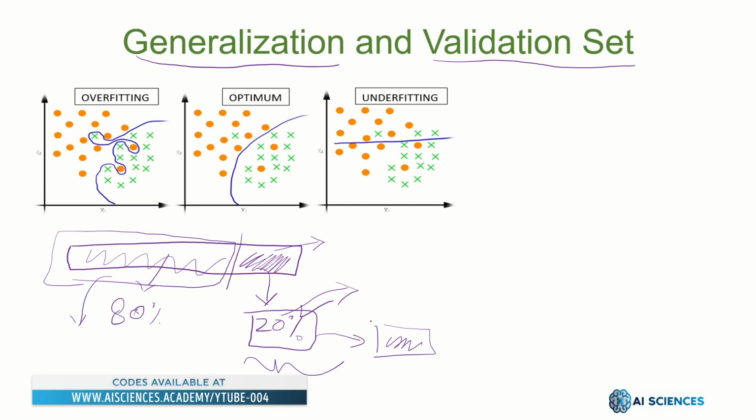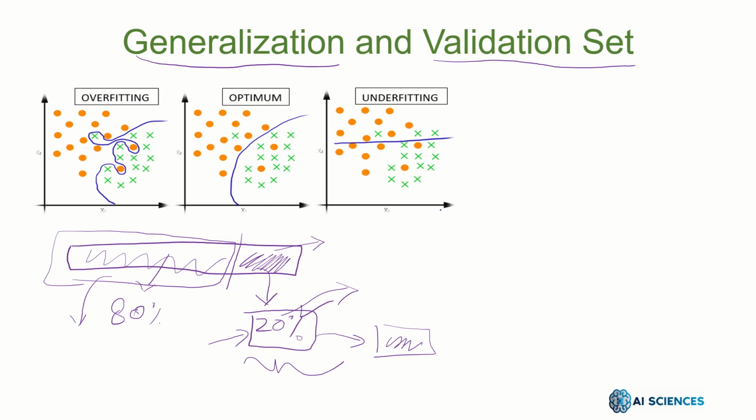To get a good expected value for the generalization, the validation set, or the set you are going to perform on, should be larger in size. But then you will have a small training set, which is a bad idea for training.